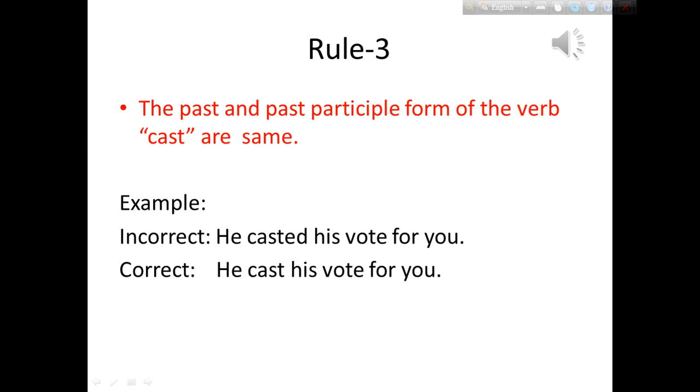So if you have the incorrect one in this way, he casted his vote for you, it may seem to you as a correct one if you don't know the correct past and past participle form of the very word cast. So the correct sentence will be he cast his vote for you, because the past and past participle form of the word cast are cast.